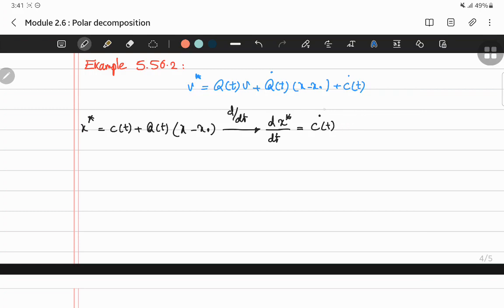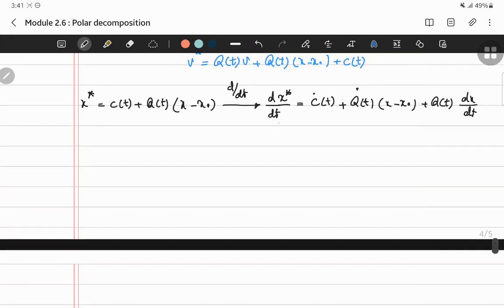From dynamics, if you remember, we put this c dot t plus the derivative of this times this one, so it is Q dot(t) (x minus x0) plus this one times the derivative of this with respect to t, plus Q(t) dx/dt, since x0 is only a scalar value.